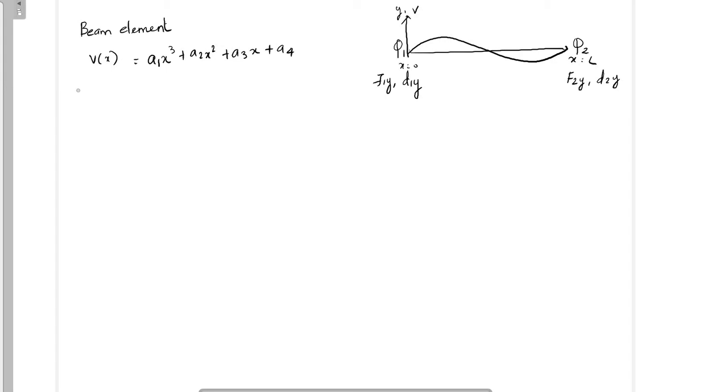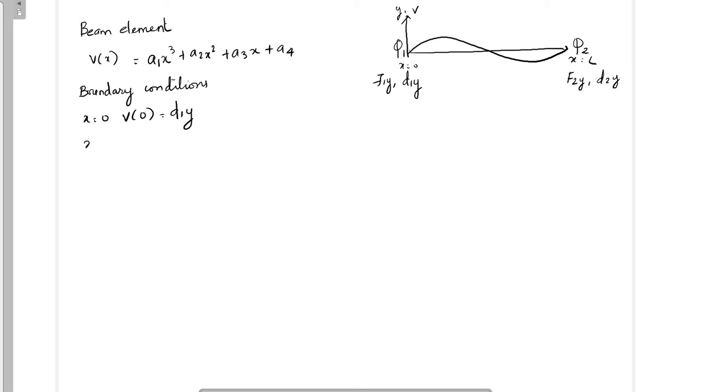So the boundary conditions. You should know the different boundary conditions. At x equal to 0, v of 0 equals d1y, because at x equal to 0 the displacement is referred to as d1y.